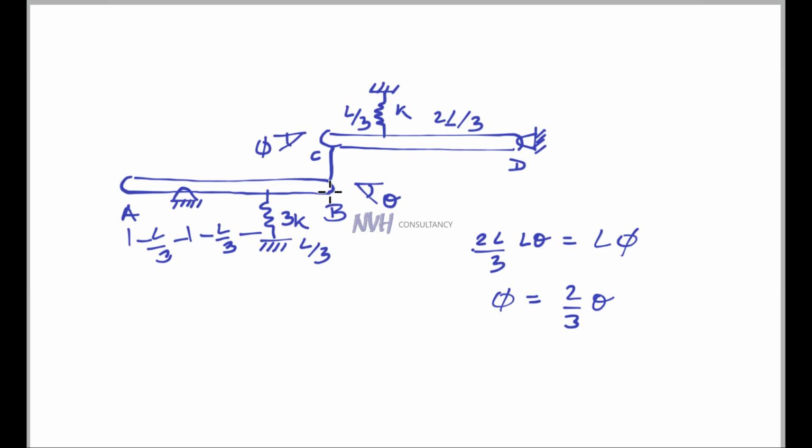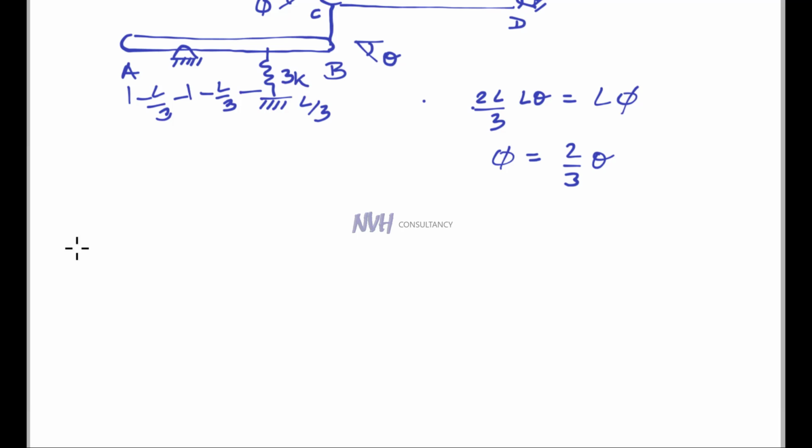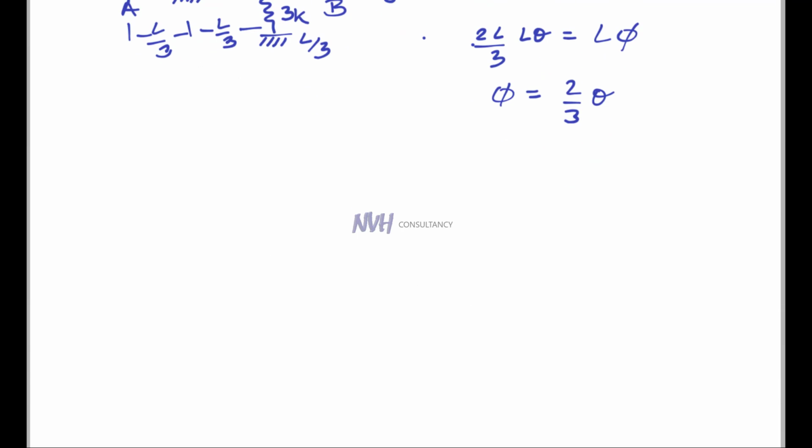The kinetic energy of the system, that is T, can be written as half I_AB theta dot square plus half M_AB V square.